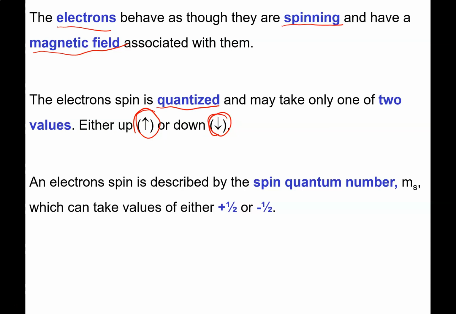So an electron spin is described by this 4th quantum number called ms. ms is the spin quantum number, and it has only 1 of 2 values. It's either +0.5 or -0.5. The spin quantum number is not describing where the electron is. It's describing how it is spinning.